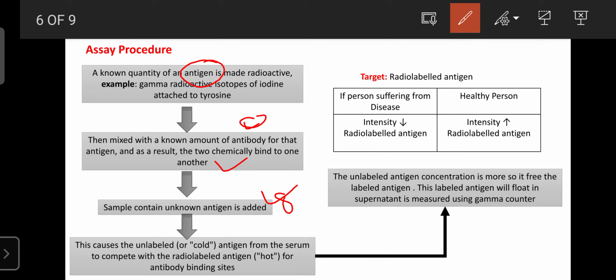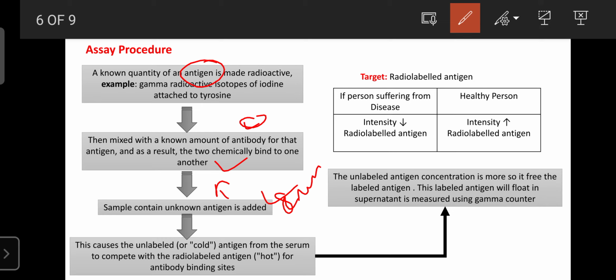Here the sample is the patient serum or unknown sample, where you want to monitor the antigen concentration: whether it is present or not, and if it is present, how much. Then the unlabeled antigen from the serum competes with the radiolabeled antigen for the antibody binding site.